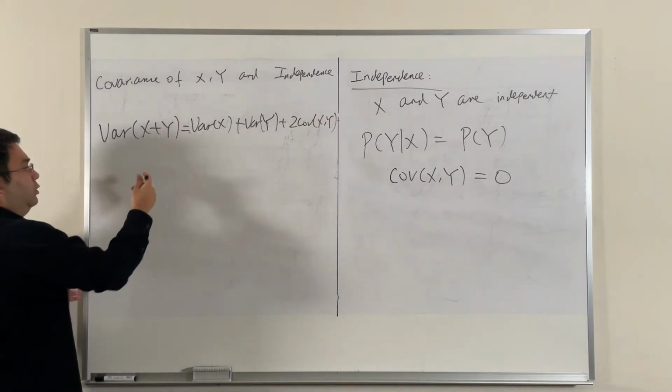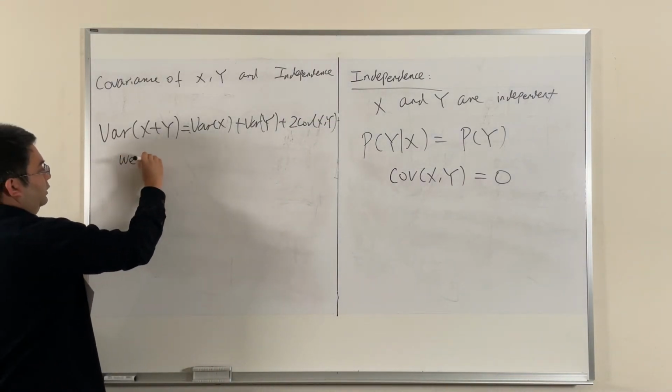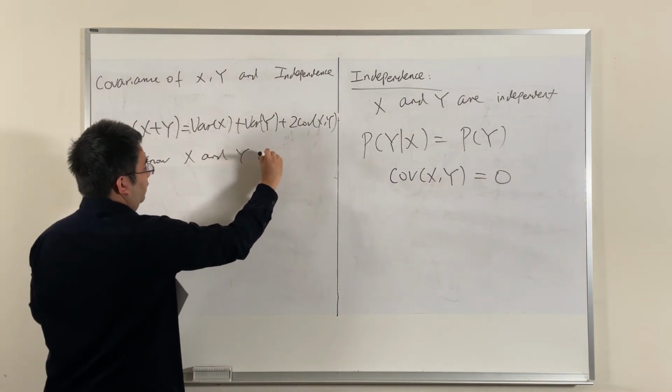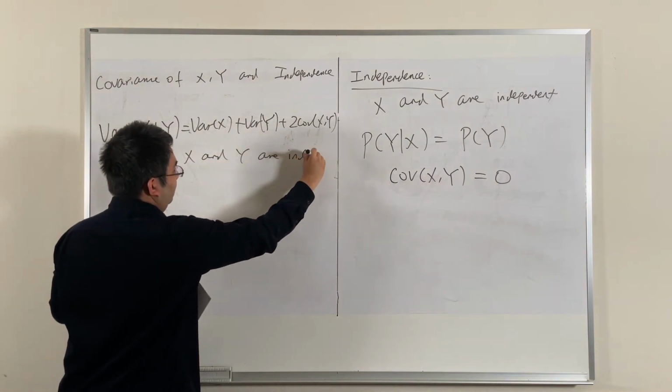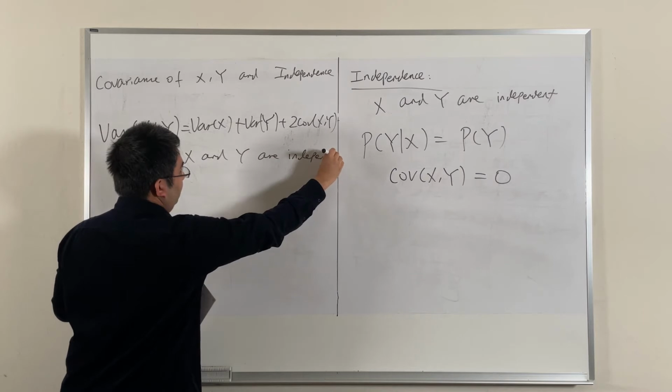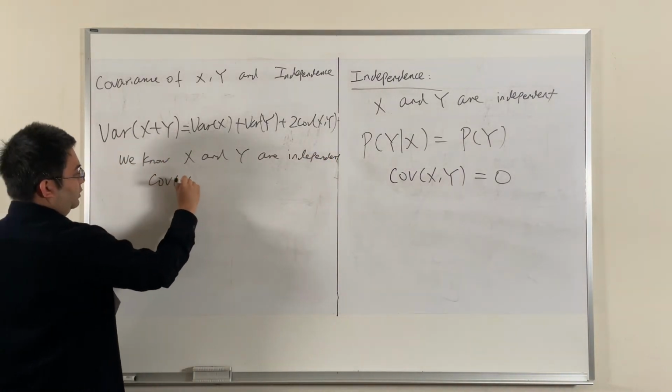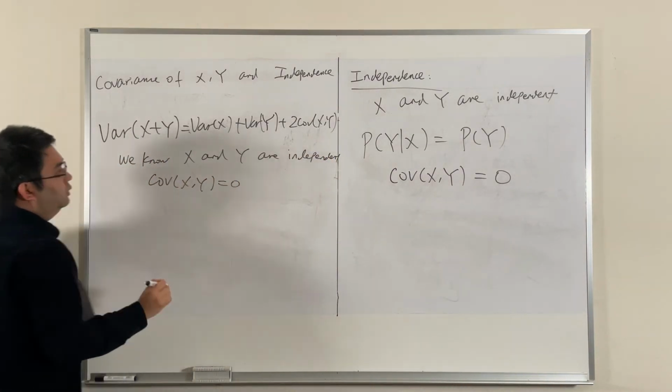But if we know that X and Y are independent, that means the covariance of X and Y equals 0.